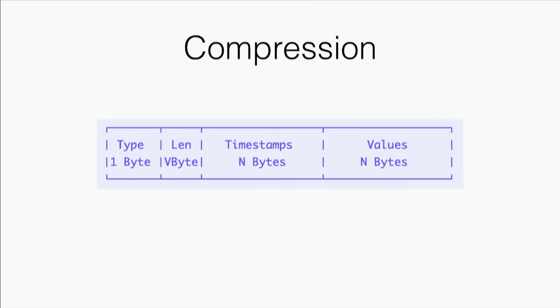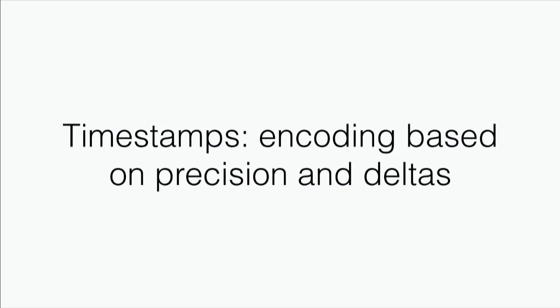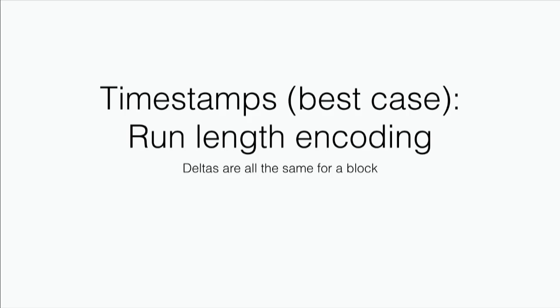The reason why we separate the timestamps and the values as opposed to interleaving them, like some other solutions do, is that we want to be able to get the best possible compression for our timestamps. And we do this based on the precision of the timestamp and the deltas. So in the best case scenario, we can use run length encoding. This is if you have a time series that's sampled at fixed intervals, right?